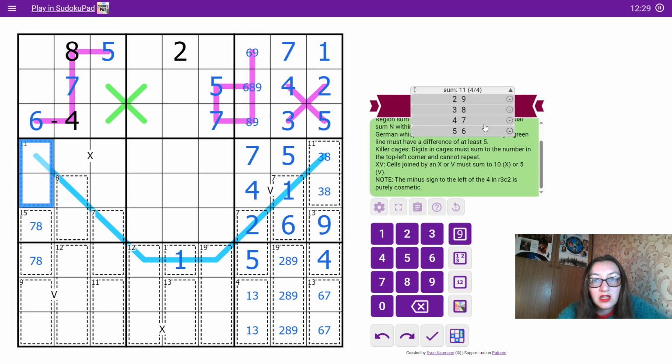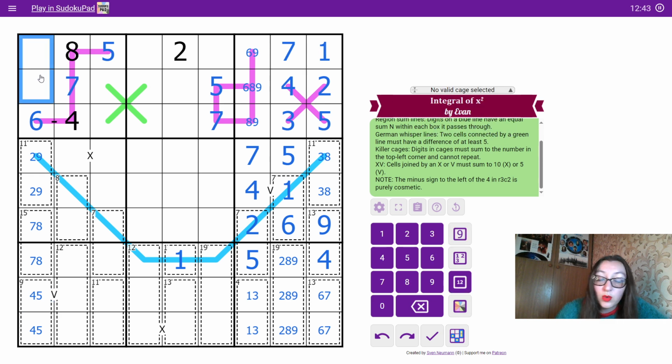Now 11 cage cannot have a 6, a 7, or an 8, being a 2-9 cage, and the 9 cage cannot have a 7 or an 8 or a 6, so that's a 4 and 5, and now we have a 1 and a 3 there, so things that I did not think would happen.